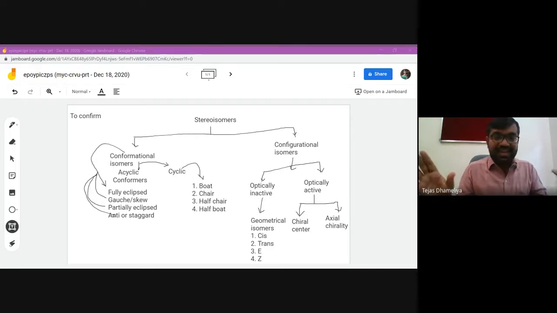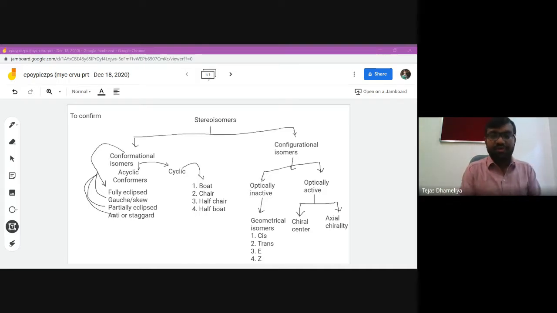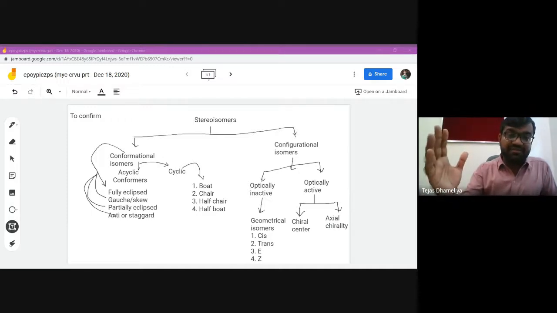That chiral carbon is nothing but this chiral center, but don't pronounce it incorrectly. Chiral is also a correct word. Chiral carbon is a carbon connected with four different valencies: fluoro, chloro, bromo, iodo methane has a chiral carbon.